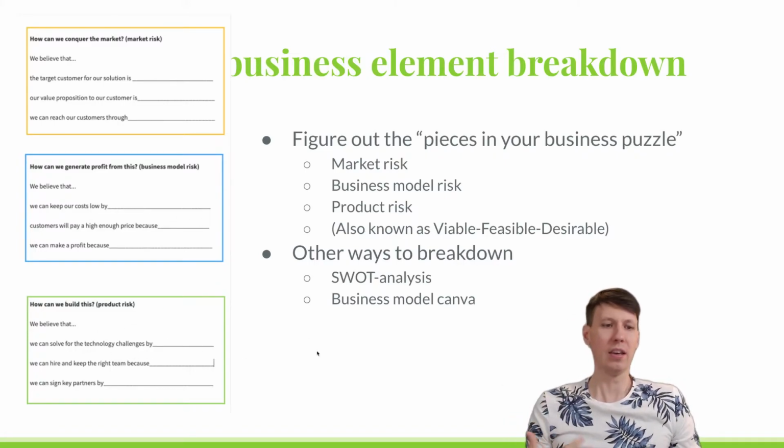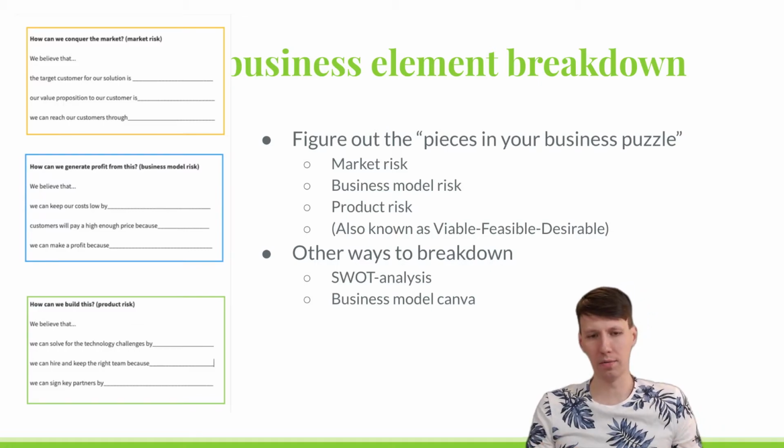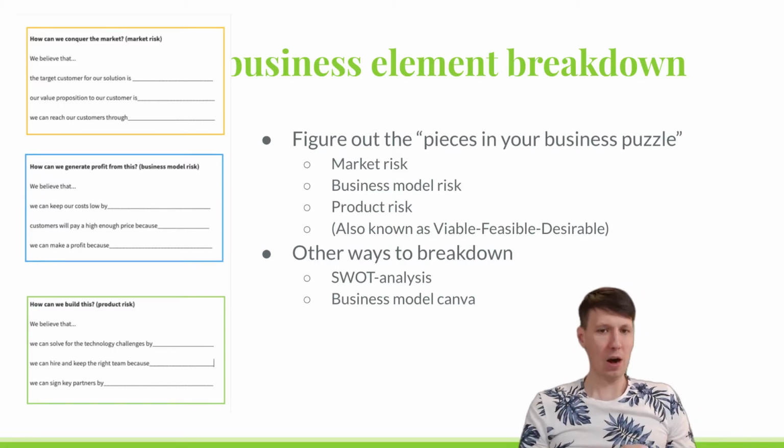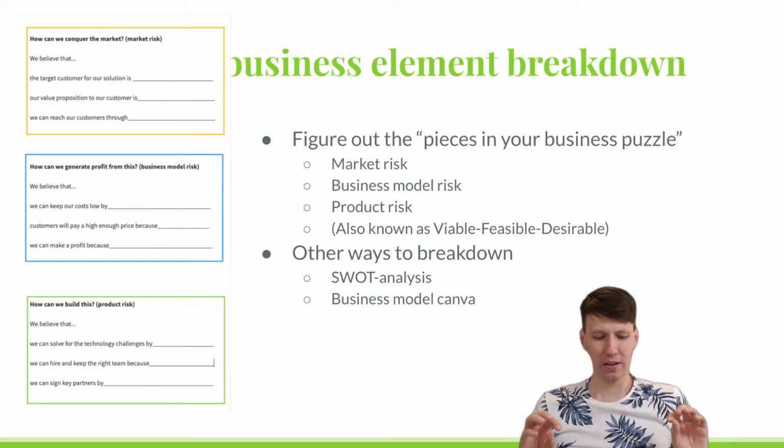Can we build it, etc. Some people call this the viable, feasible, desirable triangle in product development. But of course, you can make the breakdown in any way. It doesn't matter what the framework is if you can figure out what the pieces in your business are. It can be SWOT analysis, business model canvas, whatsoever.